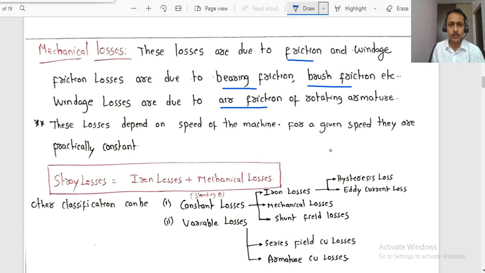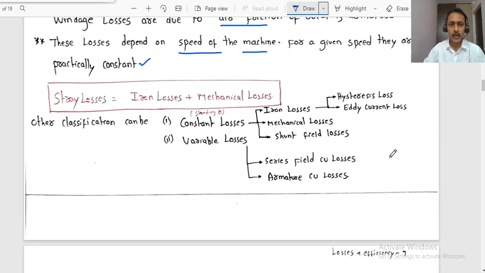So most of the times these losses will depend upon the speed of the machine, and for a given speed they are particularly constant, right? And stray losses, sometimes what happens is iron losses plus mechanical losses together are called stray losses.